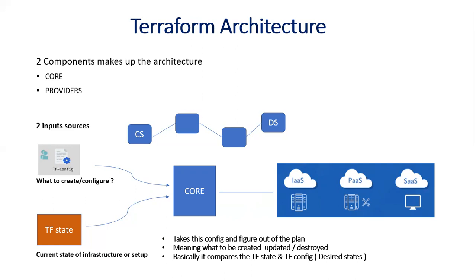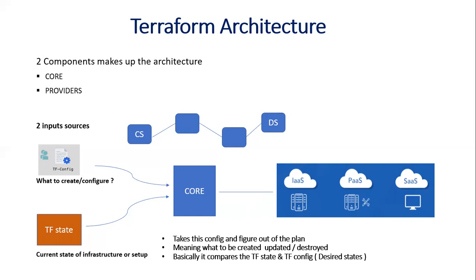So what happens when you try to apply your Terraform, and what happens behind the scenes? Okay, so basically in the TF config you have the configurations which you want to create. In our configuration we are going to create an EC2 instance, and the Terraform state has your current state of infrastructure, or your current setup of your infrastructure. These are the two states. When you try to run your Terraform plan, what happens?